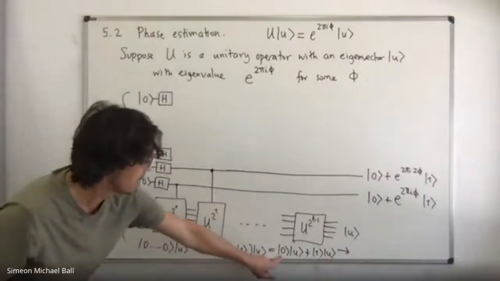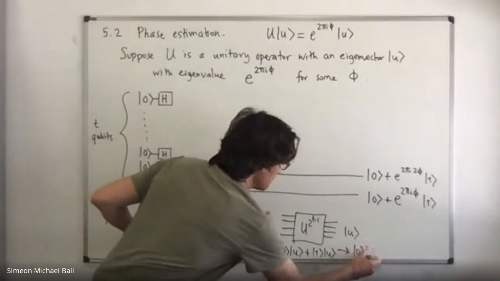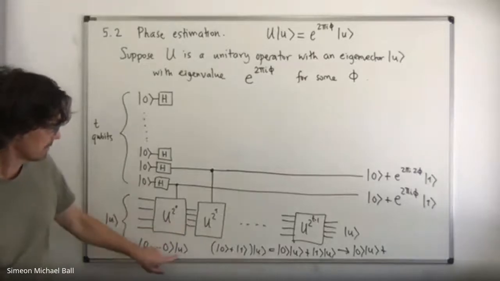Wait, but why is the result of that wire just 0 plus e to the 2 pi i phi 1? Why would the result of the first wire change? Okay, what happens? 0 doesn't do anything, right? Second one's 1, so it applies u to the second here, right?